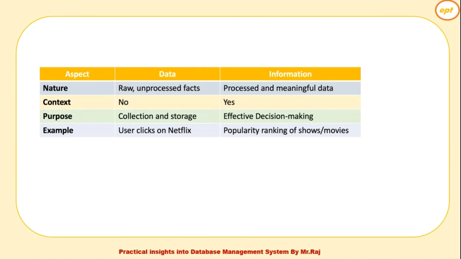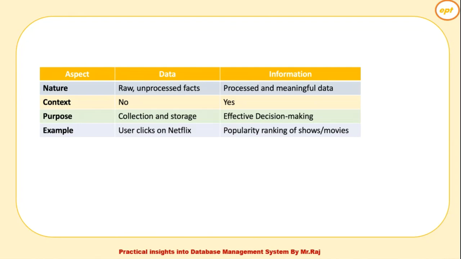The purpose of data is that you collect and store it in your databases, and on top of that you perform analysis and validations and convert it into meaningful information. Then on top of the information you can do any work, any activity.